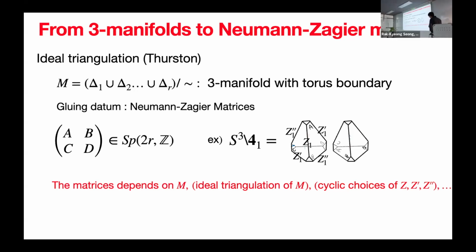Anyway, for given choices, there is a very well-known combinatorial way to construct these ABCD matrices. And this is the basic information we need for constructing the 3D gauge theory associated to the 3-manifold.